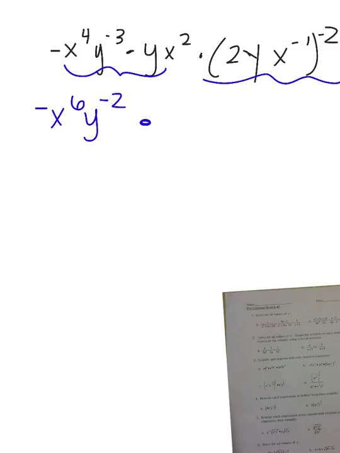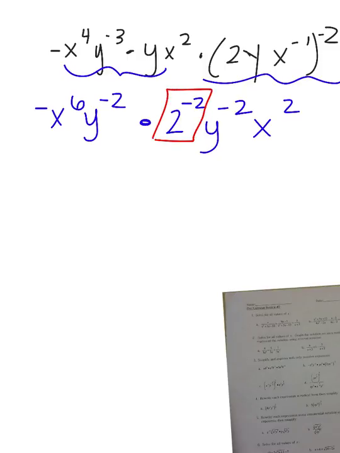Let's take care of this, and then we'll do this separately. So I have negative x to the 6, and y to the negative 2. And then over here, I'm going to get 2 to the negative 2, y to the negative 2, x to the positive 2.